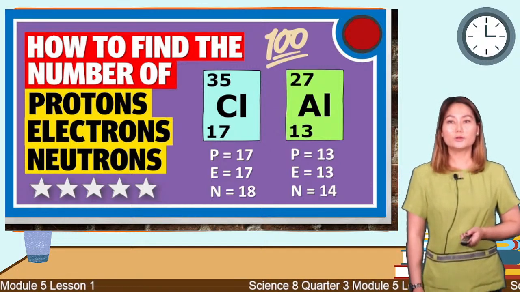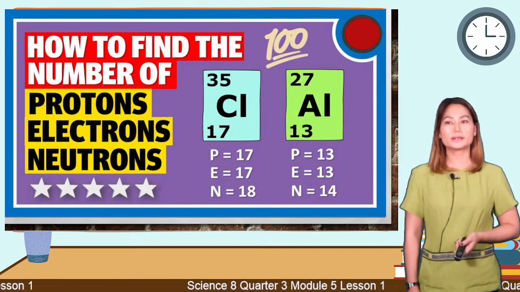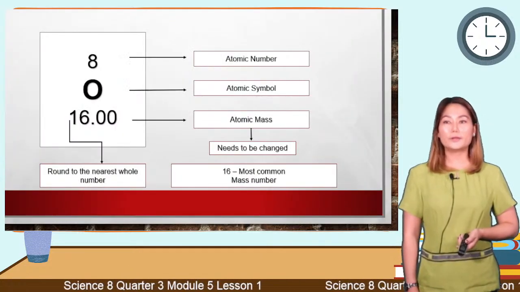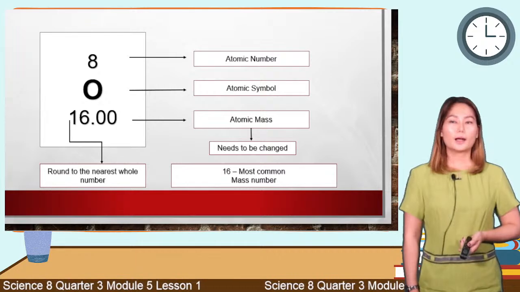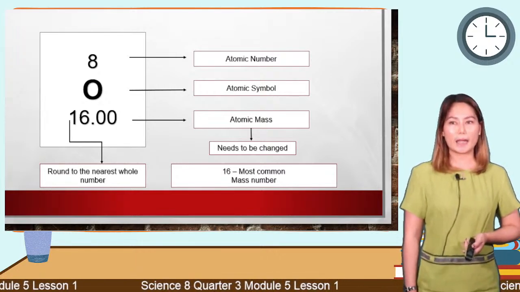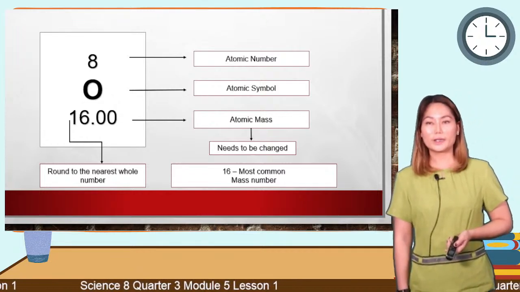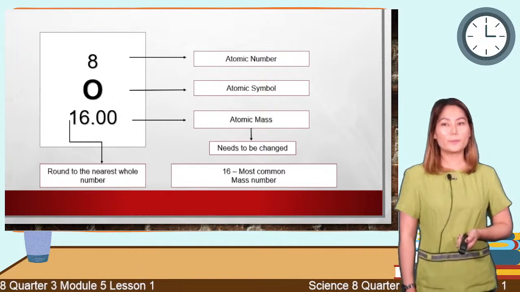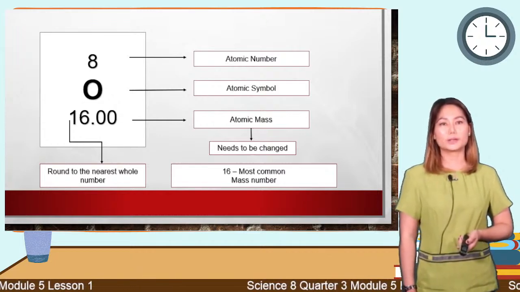Moving on. How to find the number of protons, electrons, and neutrons. So we have here an example, the element oxygen. The atomic number is 8 and the atomic symbol is O. And the atomic mass is 16.00.